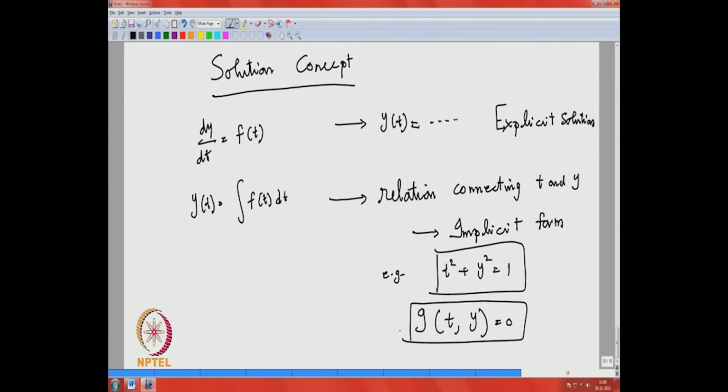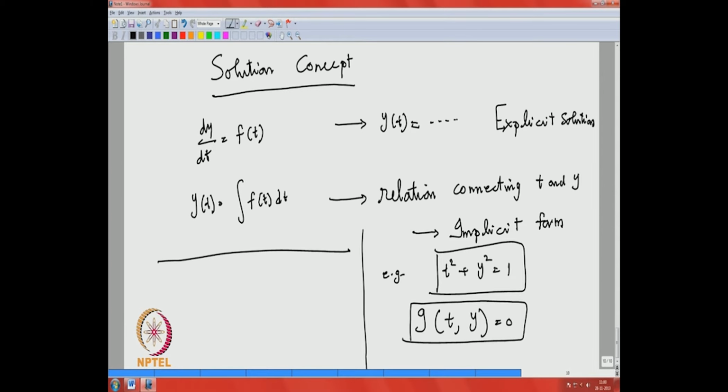What I want to do here is go one step further. Even getting this in either the explicit or the implicit form may not be possible, and that is where your analysis will come into play. That does not mean that the differential equation has no solution. If you are unable to get an explicit or implicit form, it is not possible to conclude that it does not have a solution.